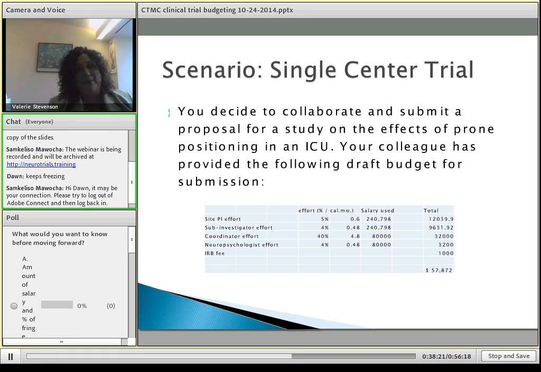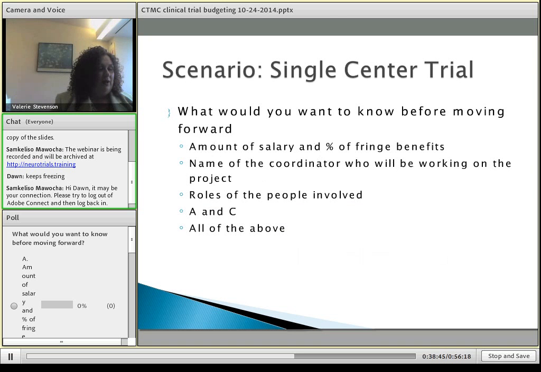That means that your institution says that if you want to spend 20% of your time doing research, they will find a way to help support the rest of your salary so you can protect your time. Because when we're talking about effort and time, it's not about how much money you have, it's about how much effort you say you're going to give. So it's really important, again, to know what we're talking about with the amount of the salary and the fringe.